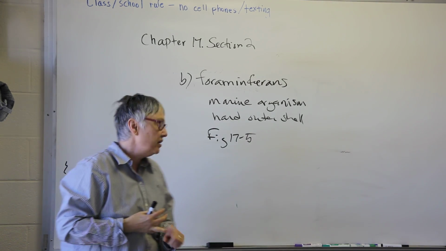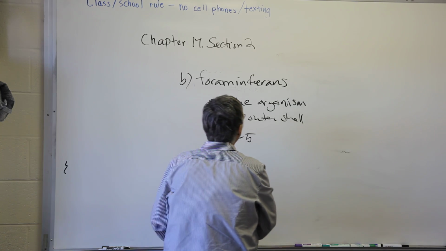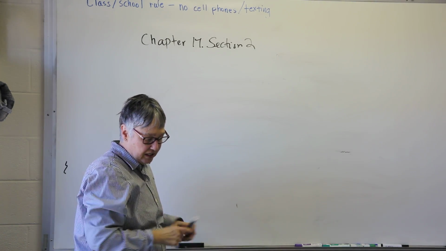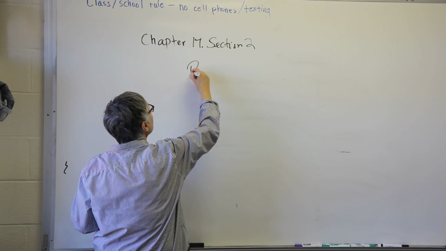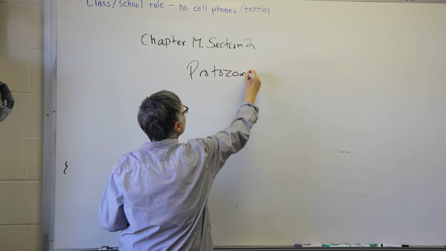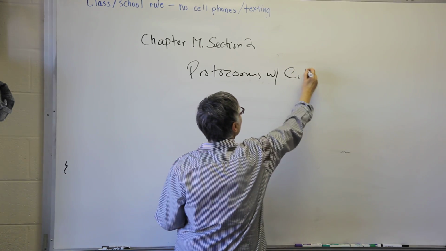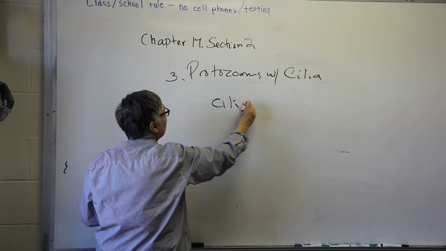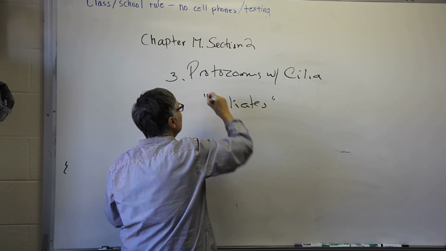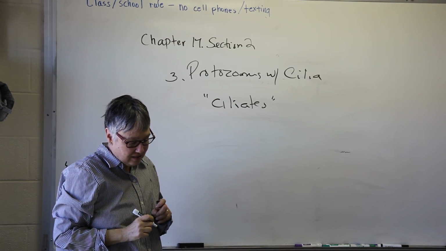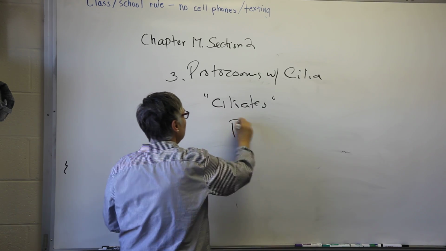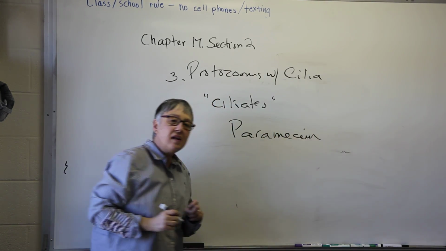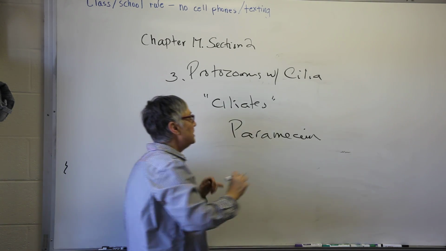The third category of protozoans are the protozoans that have cilia. This is number 3. These are sometimes just referred to as ciliates. And the main organism that I want you to know is called Paramecium.